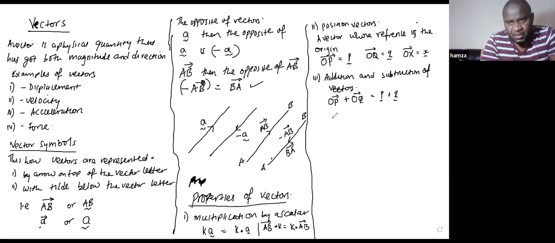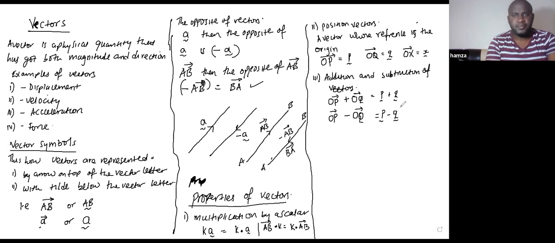If it is subtraction, then I'll have to subtract OP take off OQ, then to be the same as small vector p minus small vector q. So some of these ideas came from O-level or from our ordinary level mathematics, and we can advance some of them here.